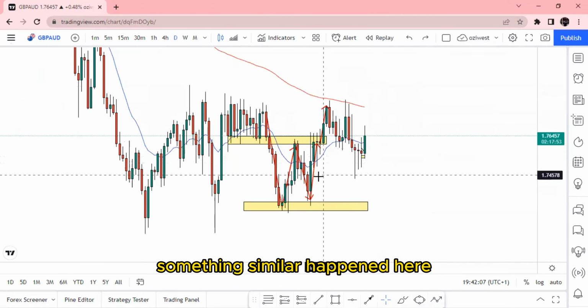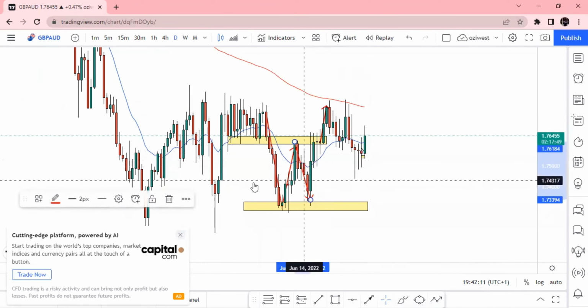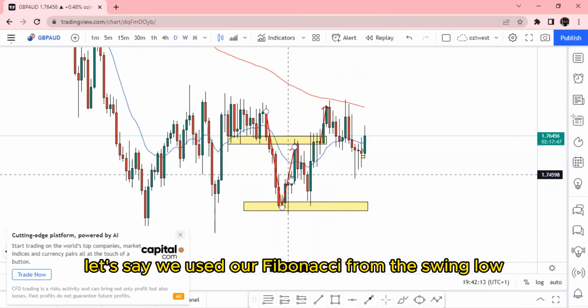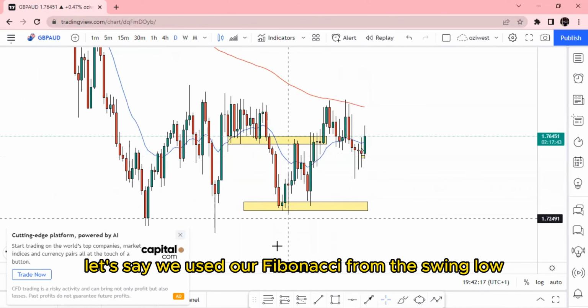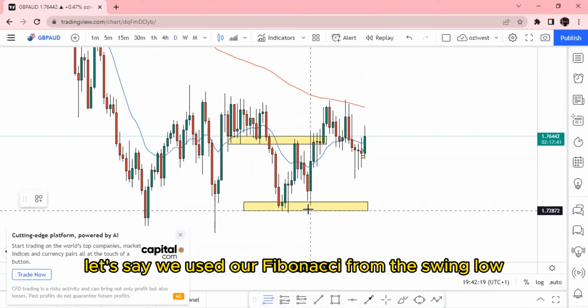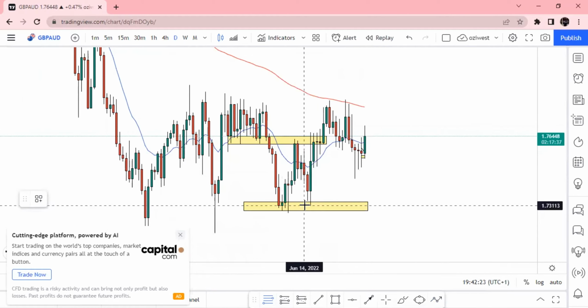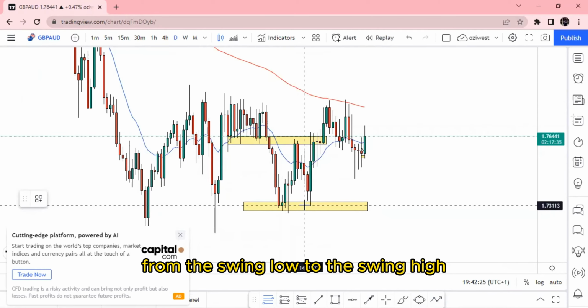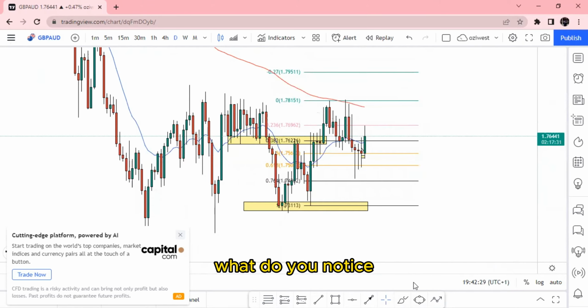So now what do you notice? Let's say we used our Fibonacci from the swing low, this candlestick that started the breakout, to the swing high. What do you notice?